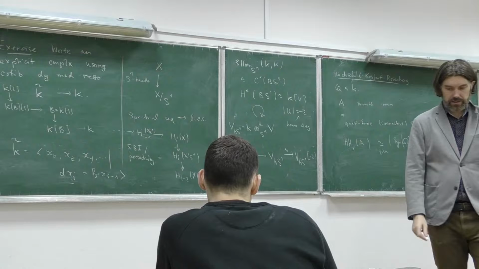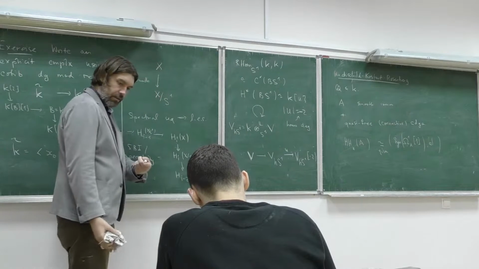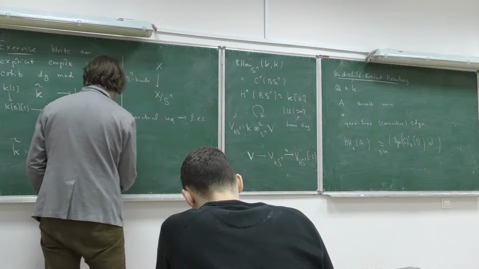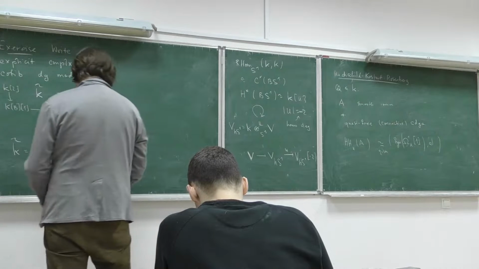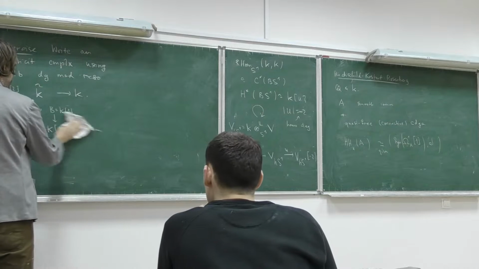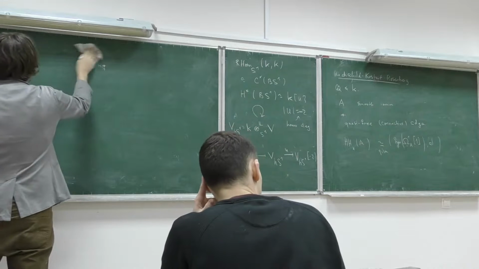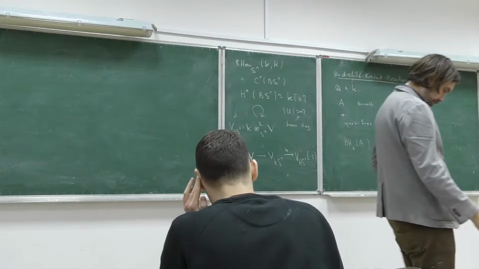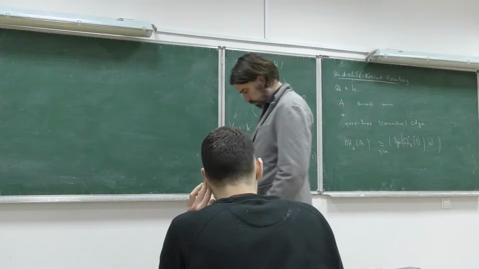So let's try to apply this in some example, like the example you were considering of based loops. So I think we can do the 3-sphere. The circle's a little bit funny, just because the circle's not simply connected. Maybe that's fine, actually.